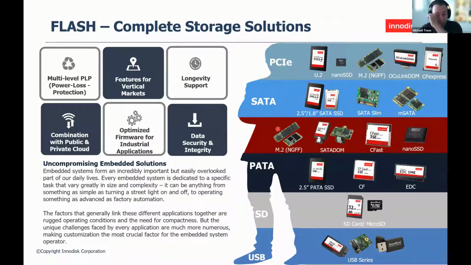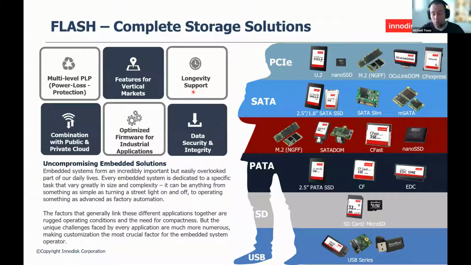We have the normal SATA and PCI Express solutions. This is the newest line that we have, which is already available for a long time. But we also offer a couple of specific functionalities on our devices. Power loss protection on our flash devices. And what else is important to mention?